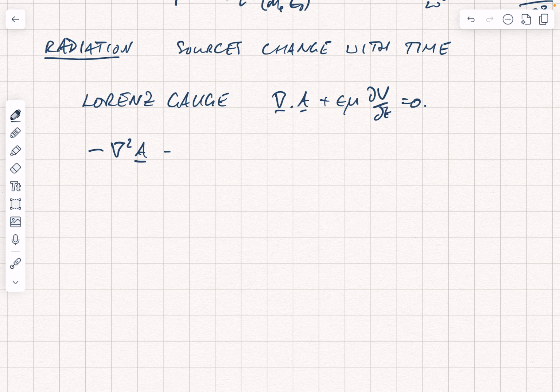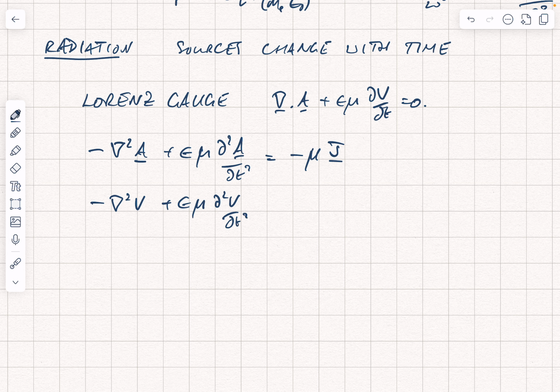Minus del squared A plus epsilon mu d2A by dt squared is equal to minus mu J, and minus del squared V plus epsilon mu d2V by dt squared is equal to minus rho over epsilon.